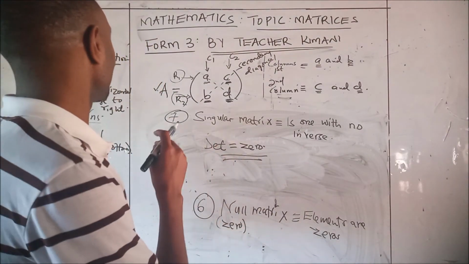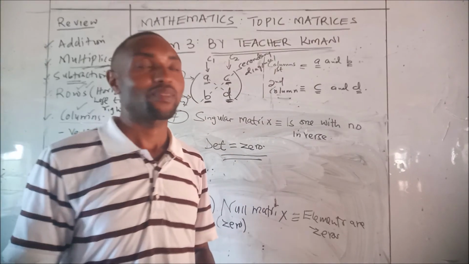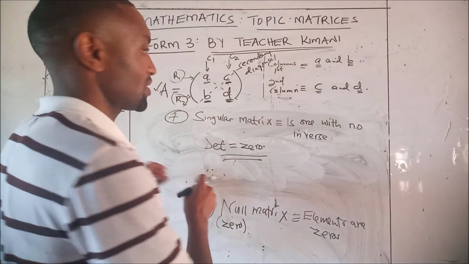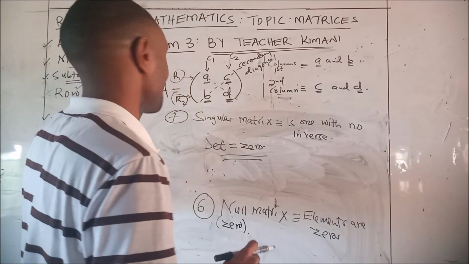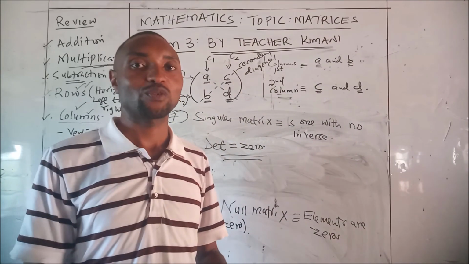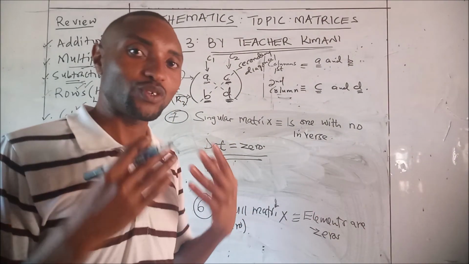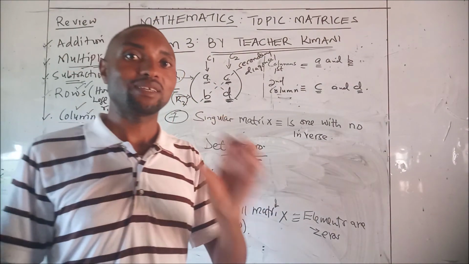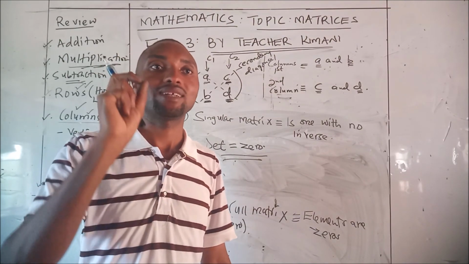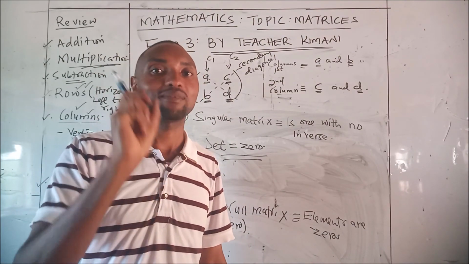We are going to have addition of matrices, multiplication of matrices, and subtraction of matrices. We all know how to add, subtract, and multiply, but in matrices, we have to learn the techniques of multiplying matrices.